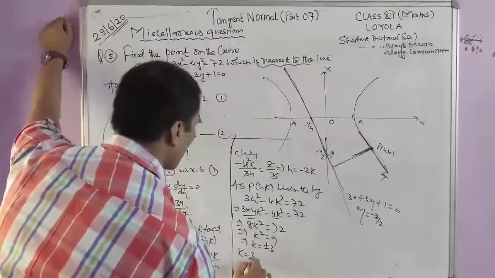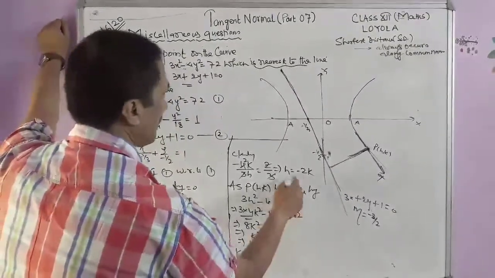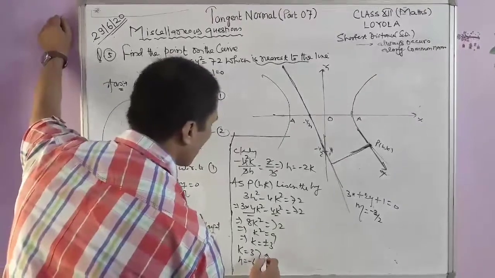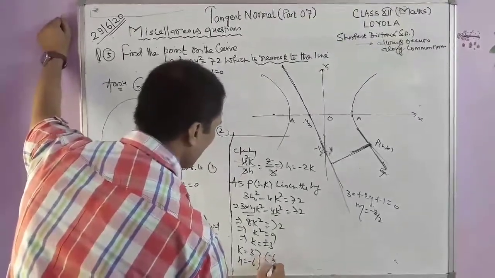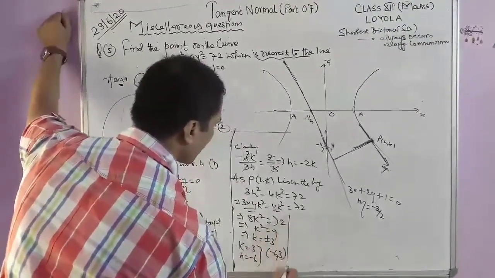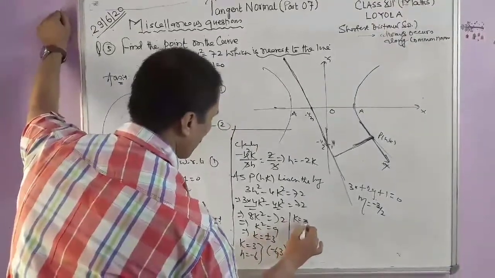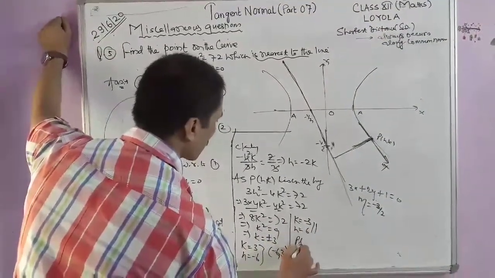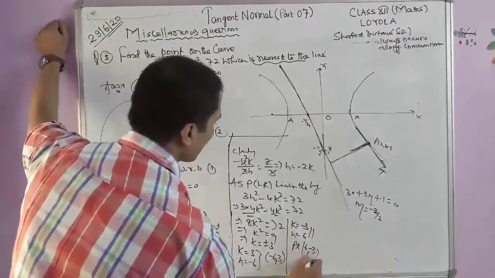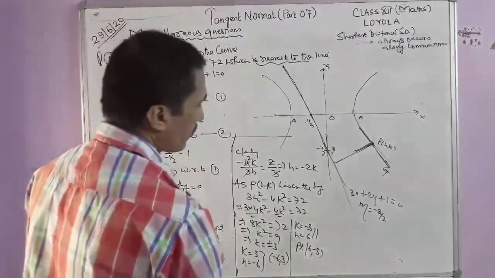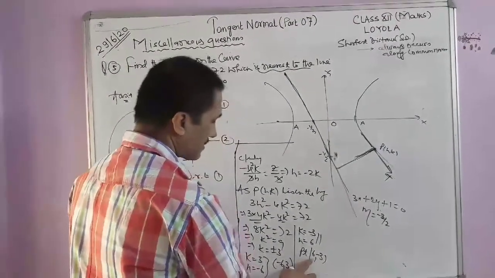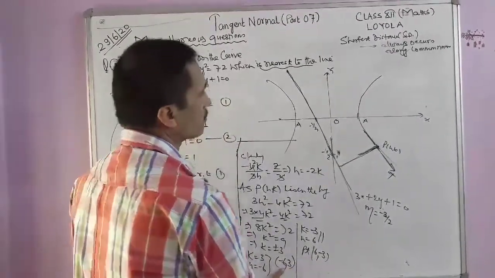When k equal to 3, h equal to minus 6, so the point is (minus 6, 3). When k equal to minus 3, h equal to 6, so the point is (6, minus 3). One point is in the second quadrant and the second one is in the fourth quadrant.